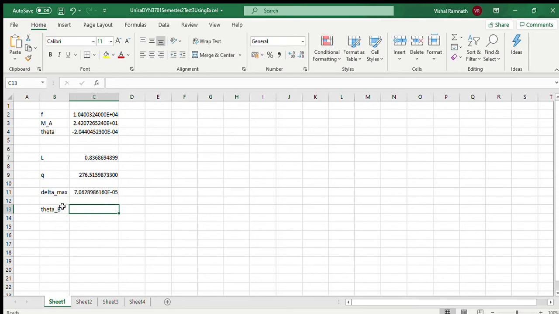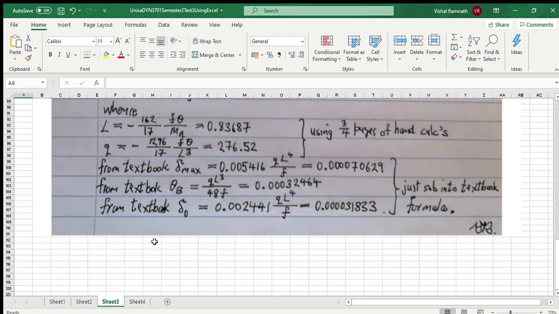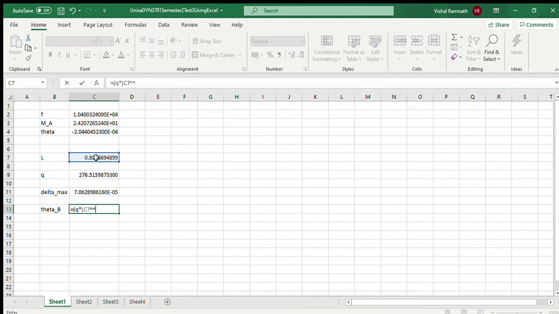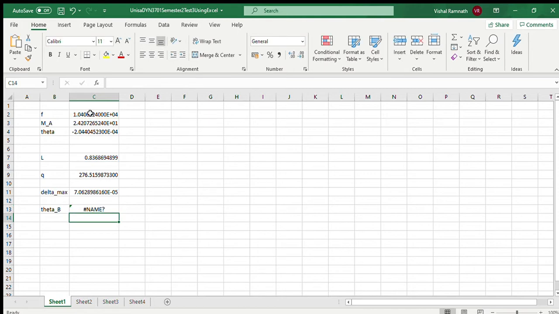In this case, the value for theta b is QL cubed over 48F. So this would be equal to, open brackets for the numerator, Q times, open brackets, L cubed, close the bracket, divide by 48 times F, close the bracket, answer.